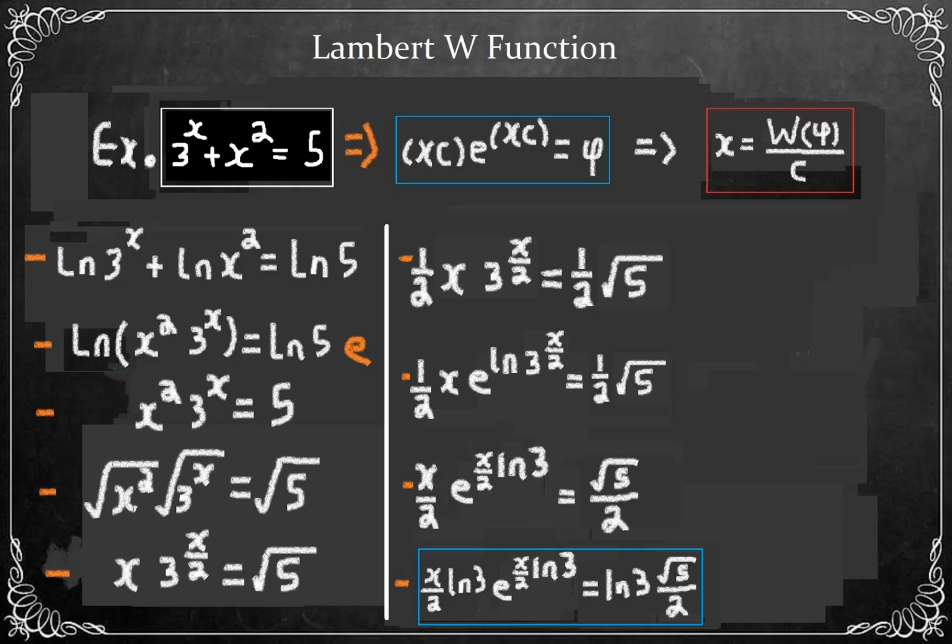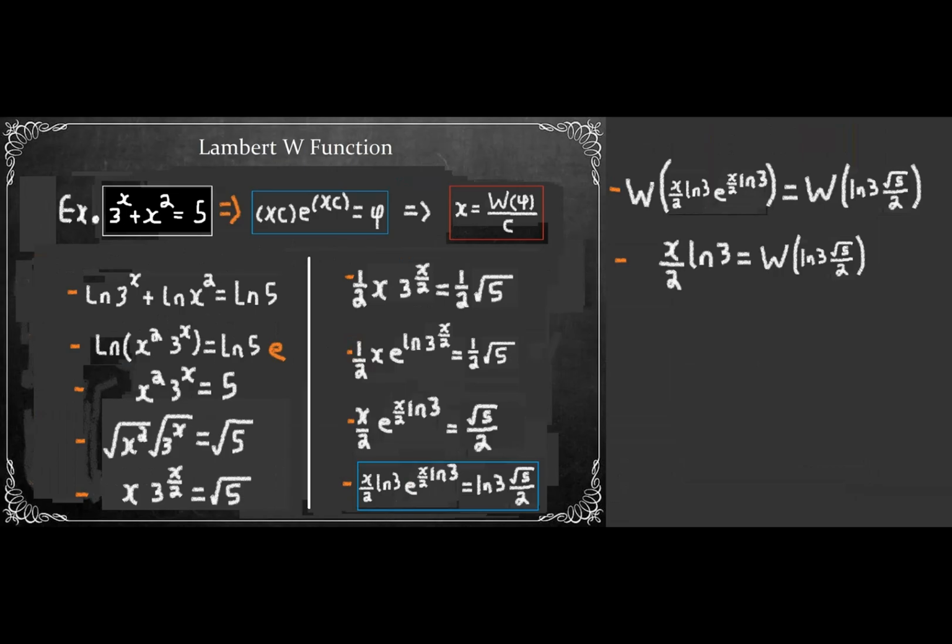All right. Now remember, ln has the base of e. And now our expressions equal each other. We have phi equals phi. Beautiful. Now we can solve for x equals W of 5.